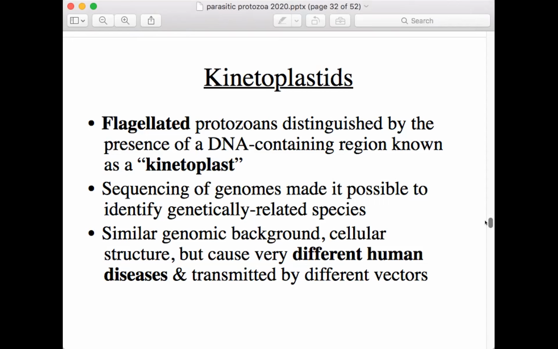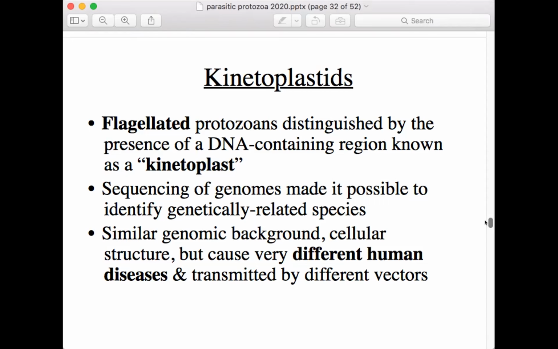Advances in technology, particularly DNA sequencing, have allowed us to sequence these genomes for phylogenetic relationships, right? So we've been able to identify genetically related species now that we can easily sequence the genomes of these organisms. A lot of these kinetoplastids are very similar in genomic background and cellular structure, but they cause very different human diseases, and they're transmitted by some different vectors.